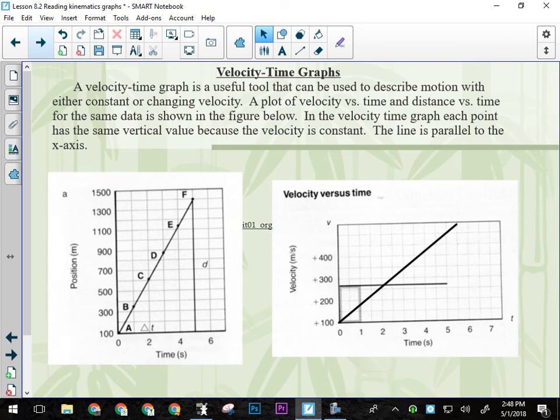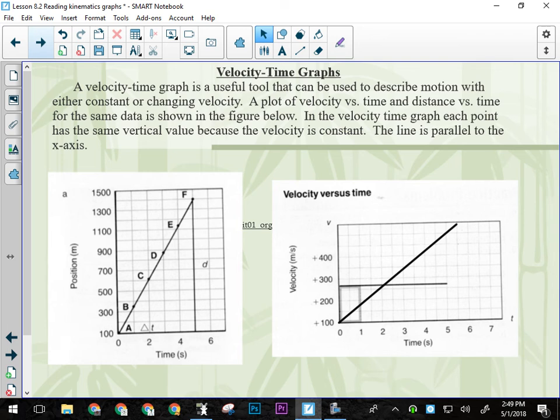So for a position versus time graph, I can read directly off the graph. You might want to write this down. I can read directly off the graph position and time, because that's what's on there. That's not a trick; it's that way for any graph. So on a position versus time graph, I can tell where the object is at various points in time.